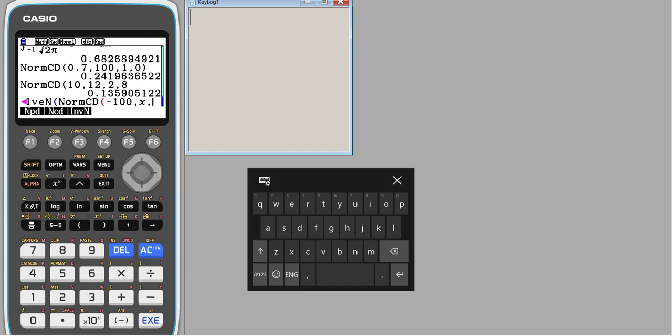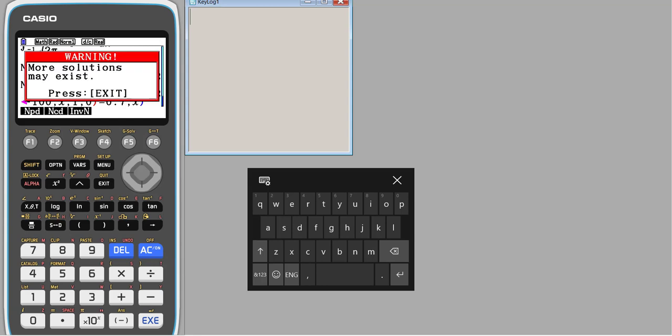And my distribution is a standard normal distribution, so it's got a standard deviation of 1, a mean of 0, close brackets, equals, so that's shift equals 0.7, and then comma, I want to solve this for x, close brackets, execute.